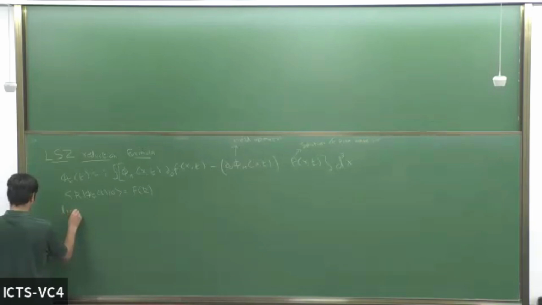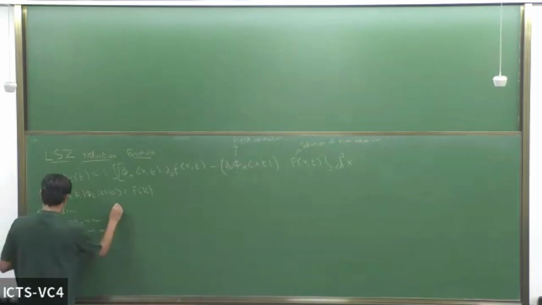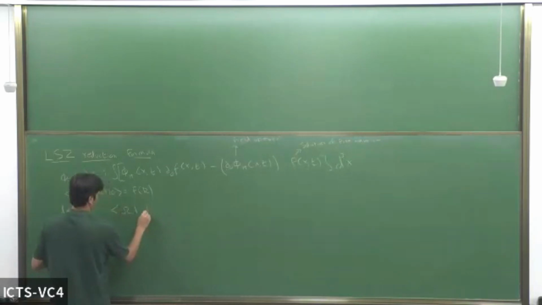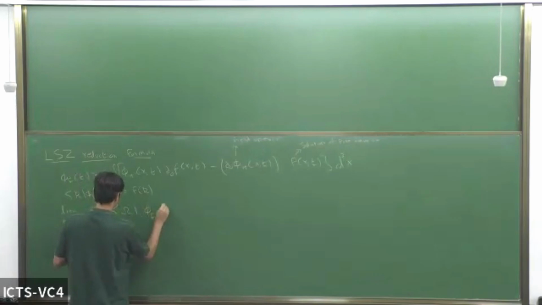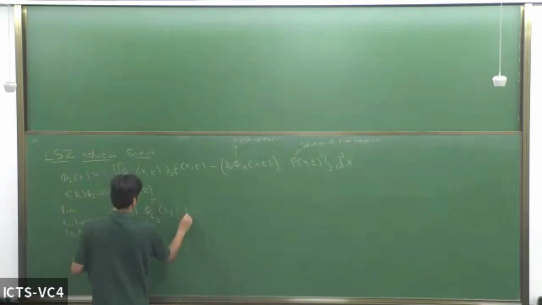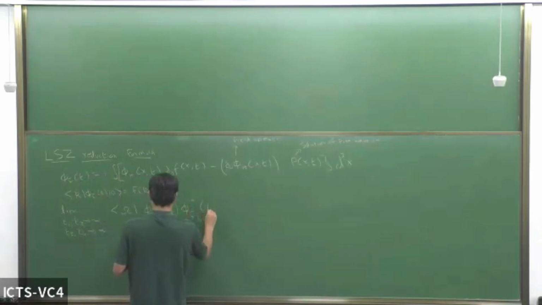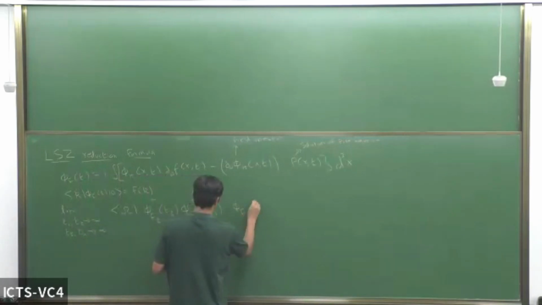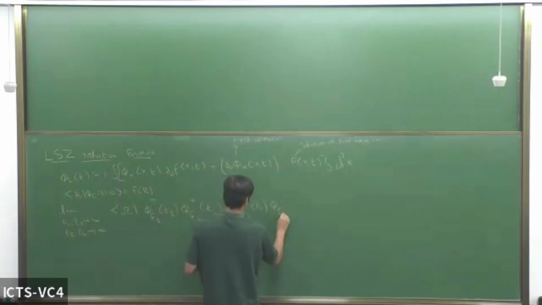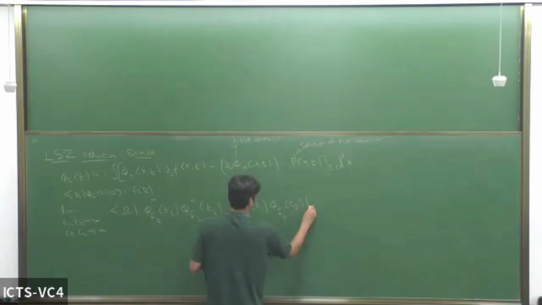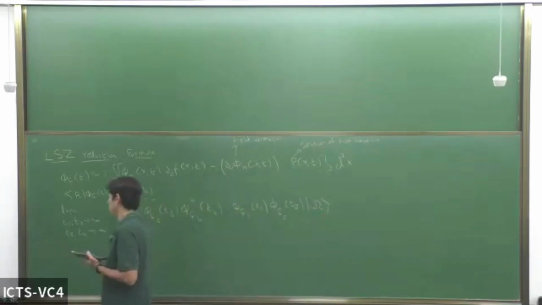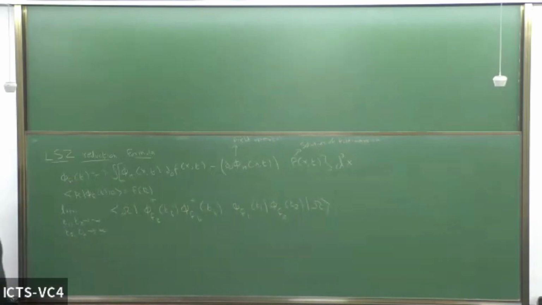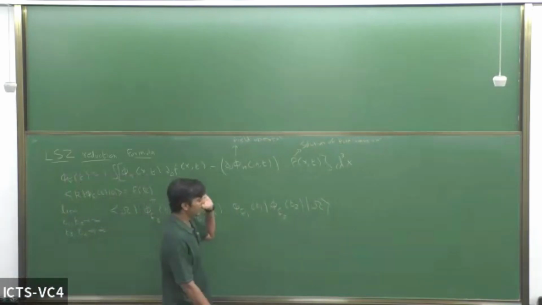We look at... so the idea was that if you want to define the S matrix, then you can define in states by basically acting with one of these guys, but acting in the far past.